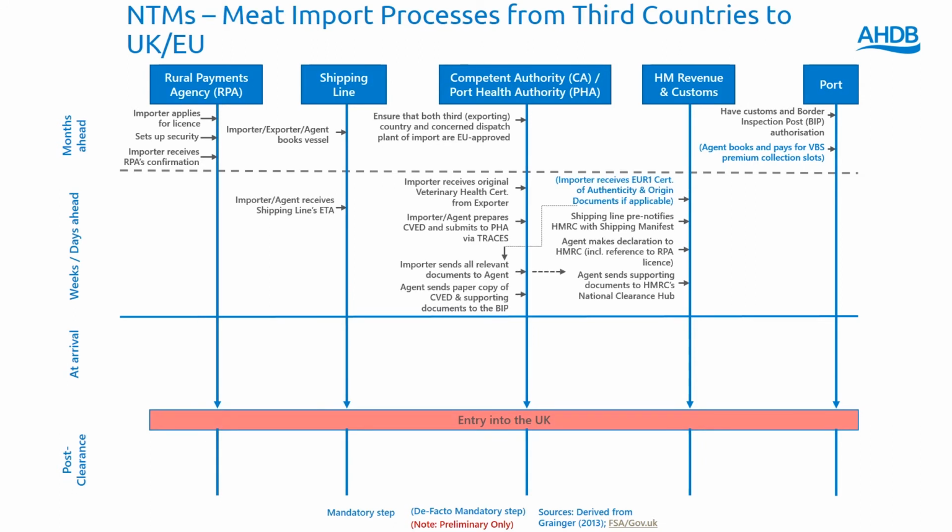And then moving on from that, looking at weeks and days ahead of the shipments, getting the products ready for shipments. Of course, there are going to be veterinary checks that will need to take place, and arising from that, the appropriate veterinary health certification will be required from the exporters. And there'll also be processes that will need to be undertaken in terms of getting CVED documents compiled correctly, registering the information via TRACES, or in the future a UK system that will be akin to the TRACES system operating at EU level.